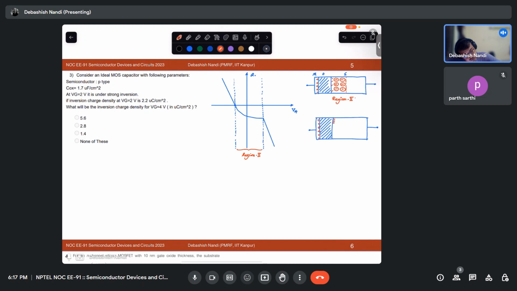There will be a very high number of inversion charges. This is the case for region 3. And what about region 1?